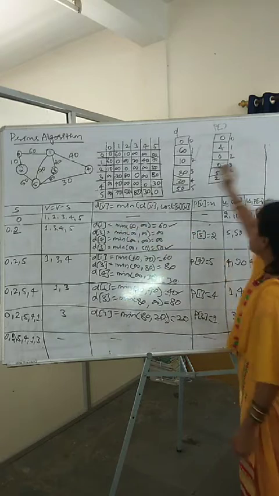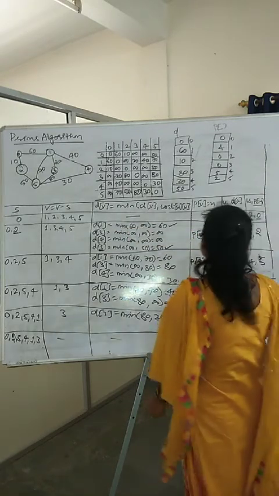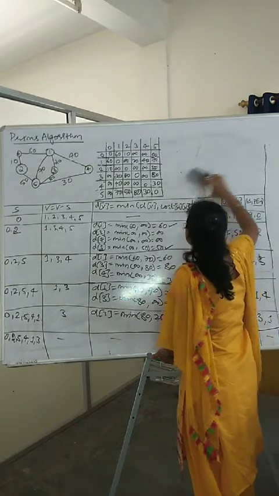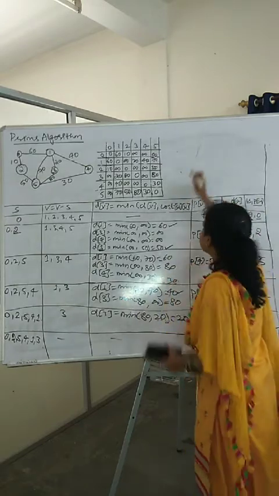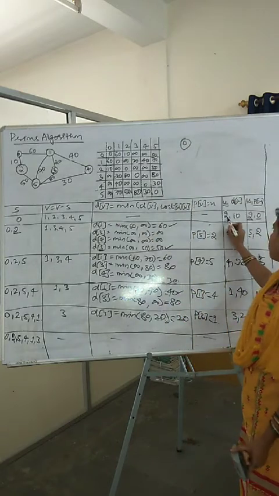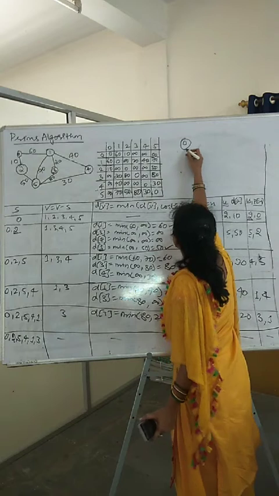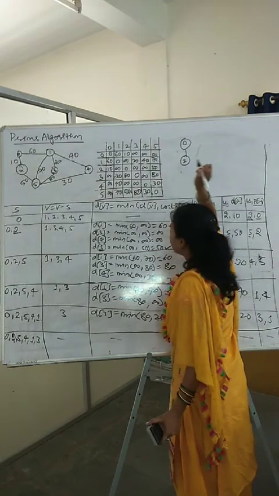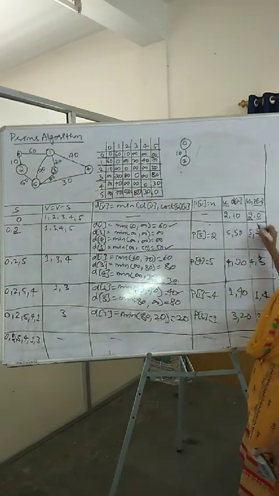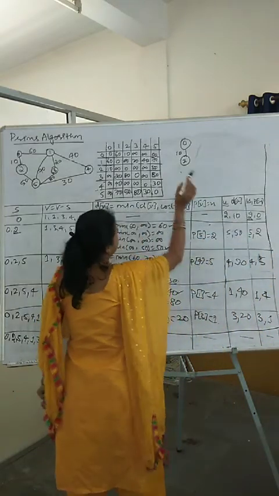So starting from 0, I will run this and draw here your spanning tree. Starting from source vertex you have taken 0. From 0 you have moved to 2. So 0 to 2 I have moved. Its cost is 10. Next from 2 we have moved to 5.